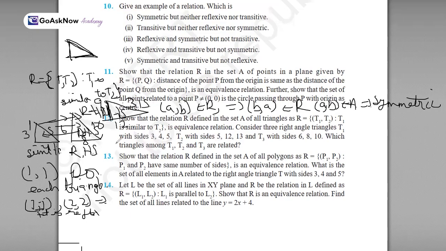So you can see the ratio between them: 3 is to 5, 4 is to 5.